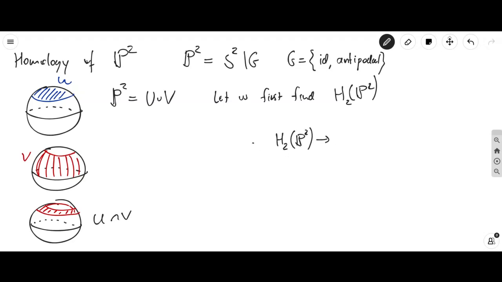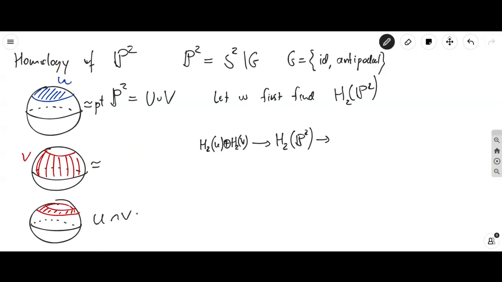Here we have H2 of U plus H2 of V. These are going to be 0 because U, well, U is contractible to a point. V, well, actually, V is, so this is the tricky one.